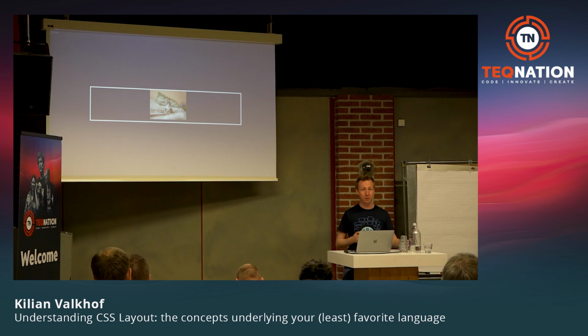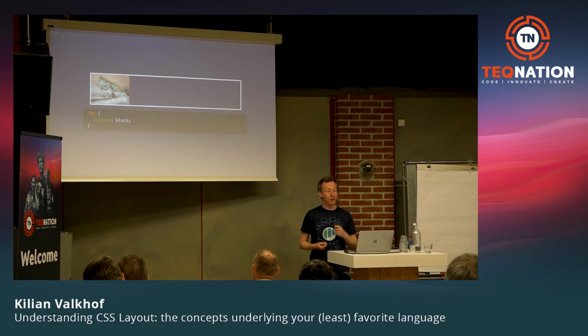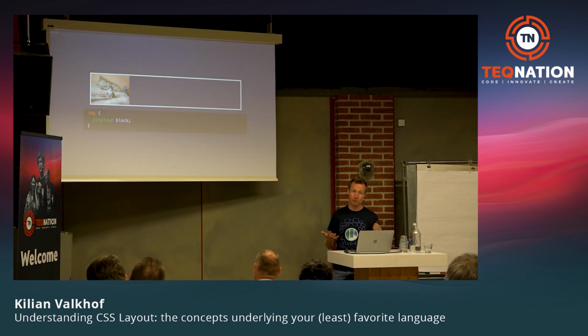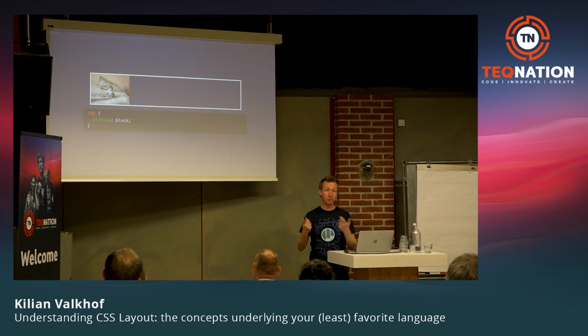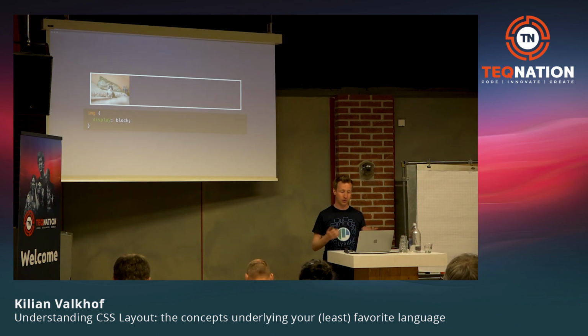So how do we deal with that? Well, something we can do is add display block to it, because block elements don't sit on the baseline. So this removes the image from the line, but you can see that it has other effects. Now it's all the way on the left, and it no longer follows the rest of the text.